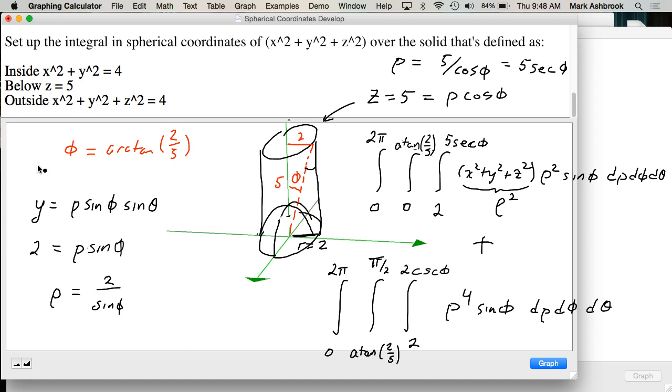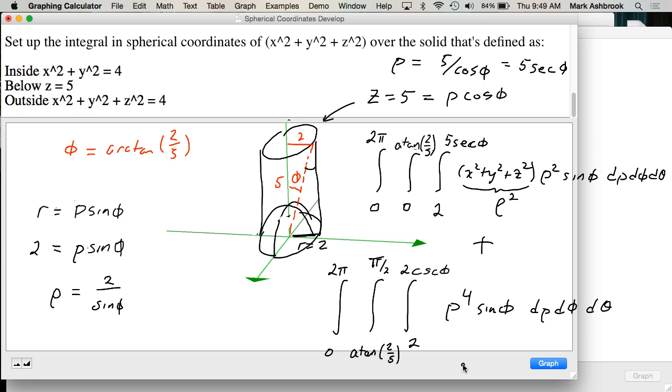So it's not y. I was thinking it's y. It's r equals rho sine phi, and this cylinder is r equals 2. That's what we're talking about. And so then 2 is rho sine phi, rho is 2 over sine phi. So we got it.